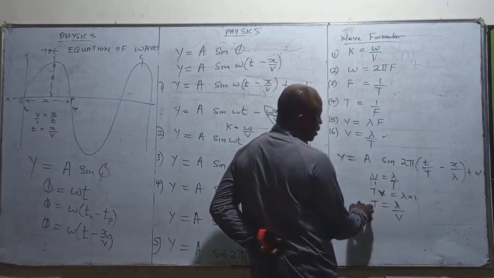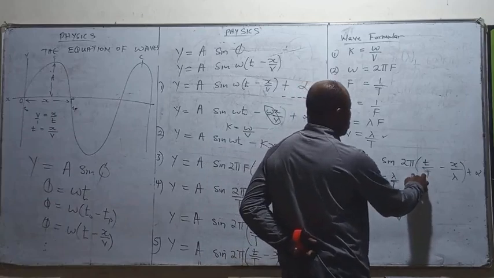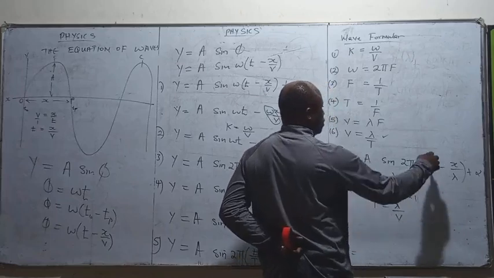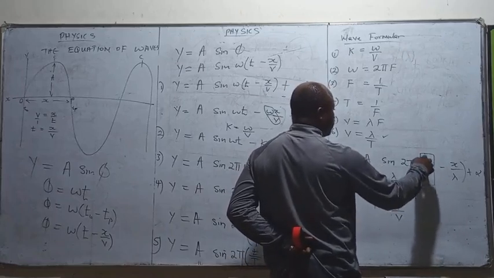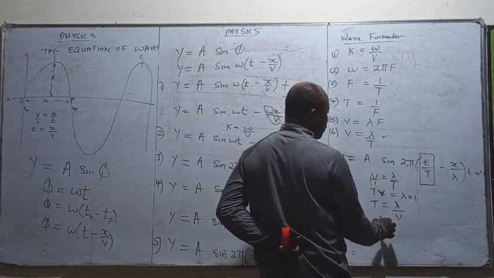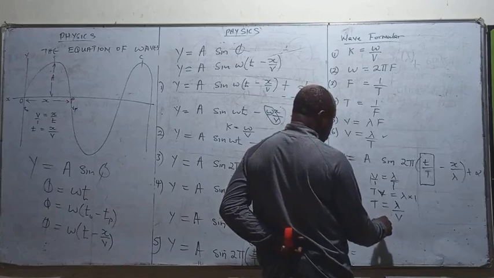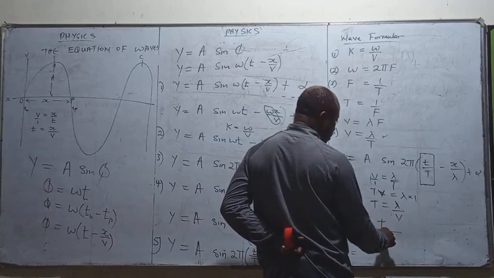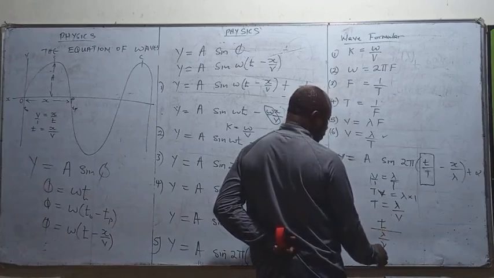Now we have T as the subject of the formula. In this equation, we are going to replace this component. Since we have T equals lambda over v, we now have t all over lambda over v.